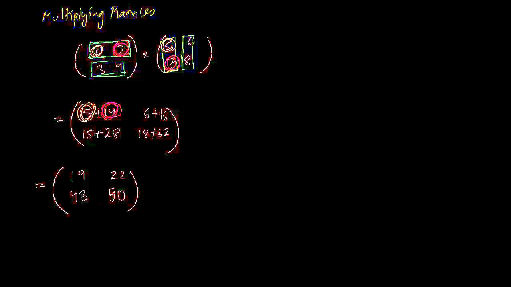Now the multiplication of two matrices doesn't mean it has to be of the same size only. It can be of different sizes, because not every multiplication is allowed. Suppose this is the size of the first matrix, A times B, and the size of the second matrix is B times C. You can multiply two matrices only if this thing and this thing match.